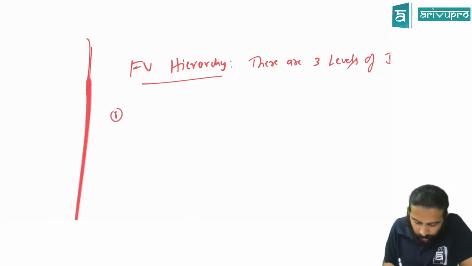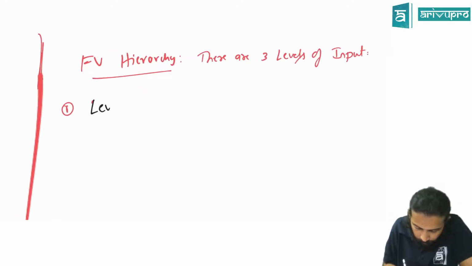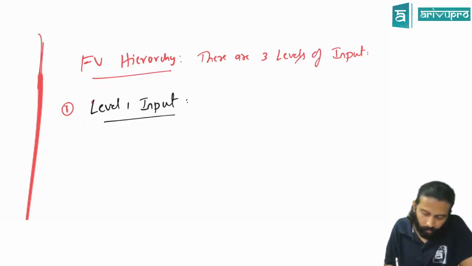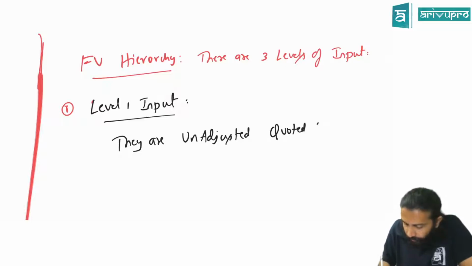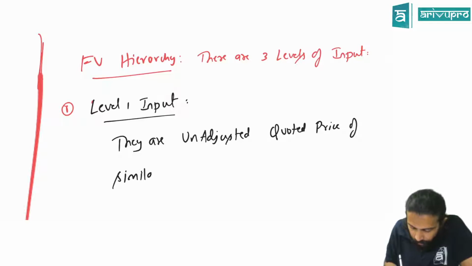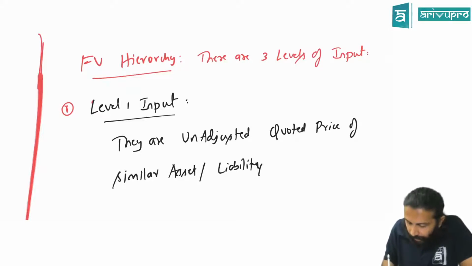First one is Level 1 input. Level 1 inputs are unadjusted quoted price of similar asset or liability in active market.